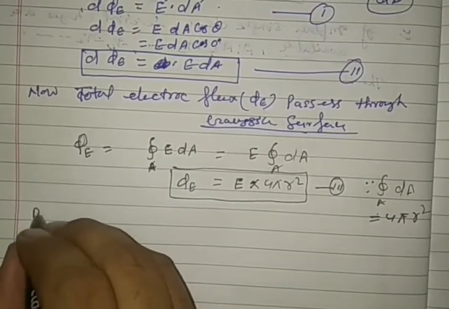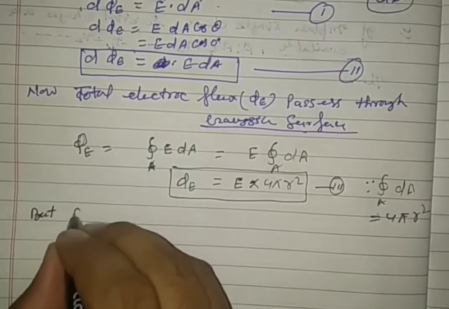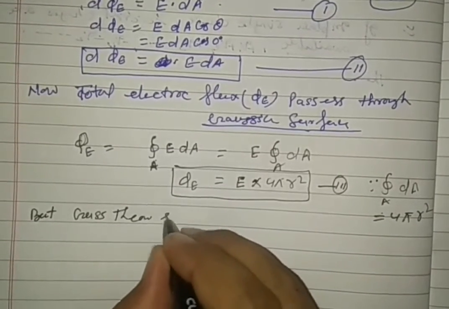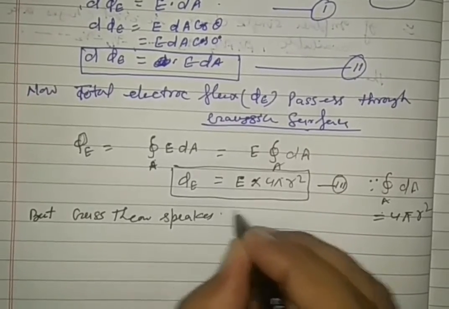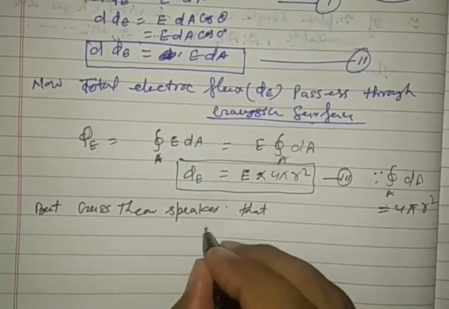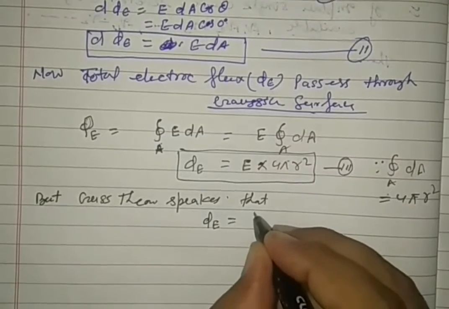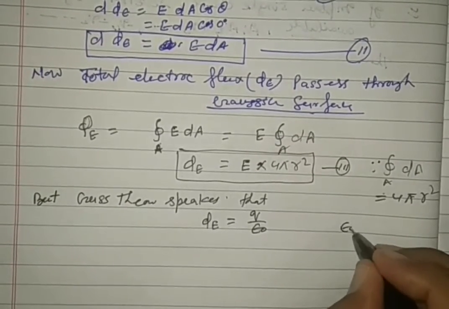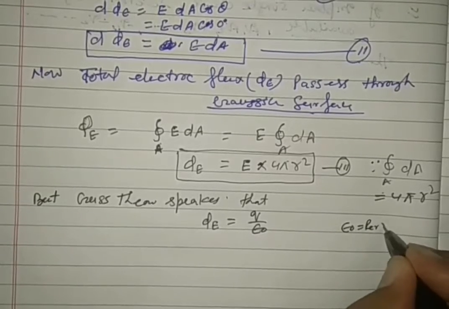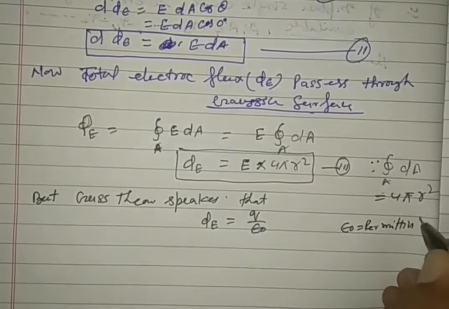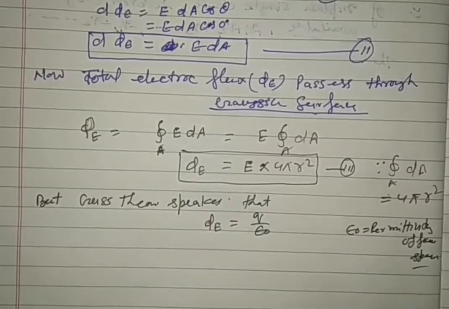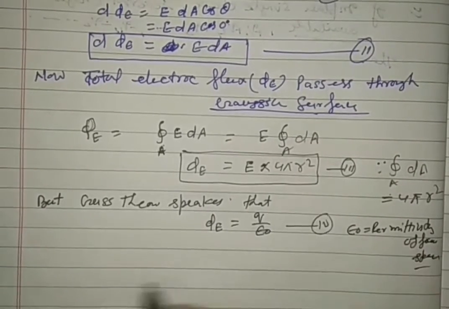But what does Gauss theorem say? Total electric flux is equal to Q by epsilon 0, where epsilon 0 is the permittivity of free space. Write it as equation 4.